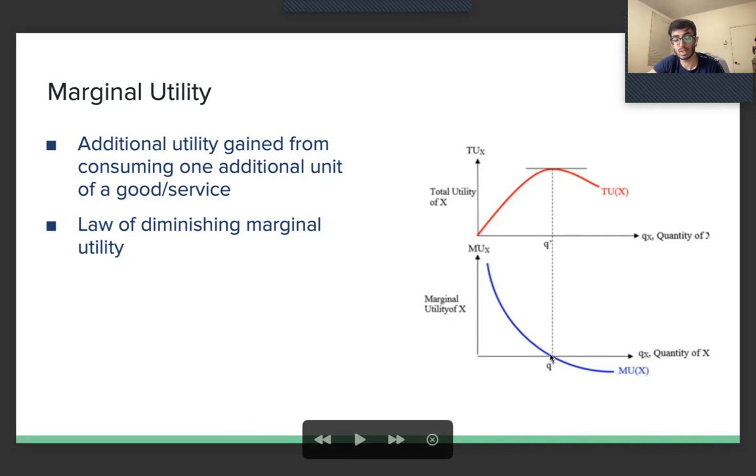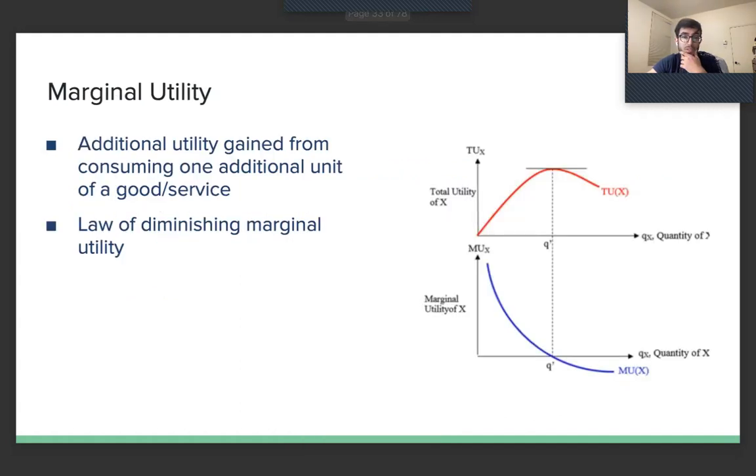So each additional good still gives you some smaller and smaller amount of positive happiness. So your total utility still keeps on increasing, but at a decreasing rate. When you reach this maximum, it's the same point at which the marginal utility is zero, because after that, you're going to get negative marginal utility. So you're not getting any happiness, and your total utility starts to fall.